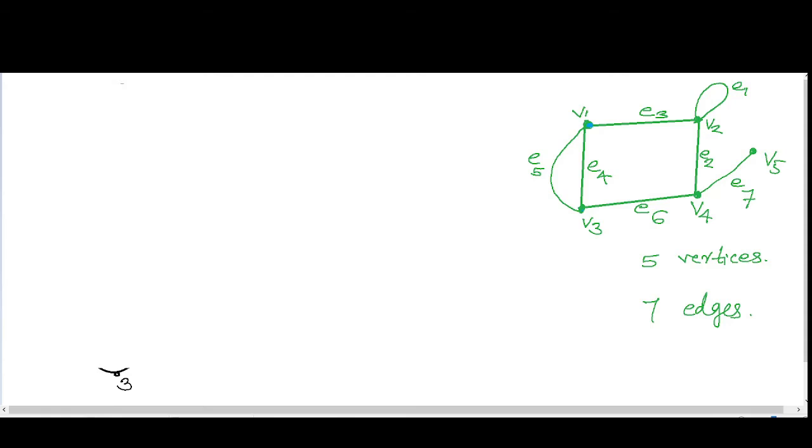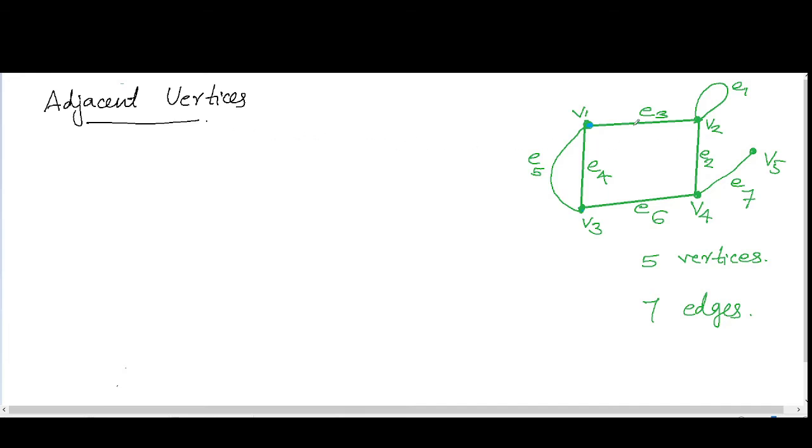Next is adjacent vertices. When two vertices U and V are the end points of an edge, they are called adjacent vertices.